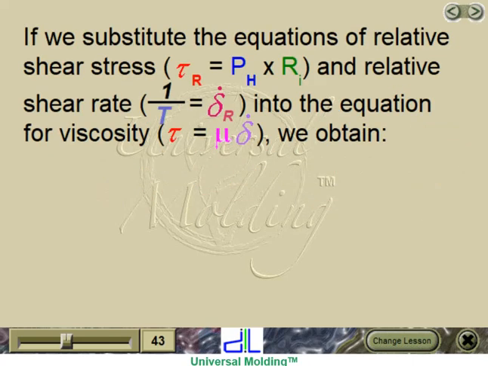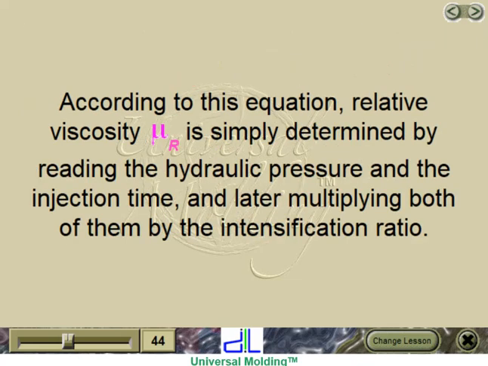If we substitute the equations of relative shear stress and relative shear rate into the equation for viscosity, we obtain relative viscosity is equal to hydraulic pressure multiplied by intensification ratio multiplied by injection time. According to this equation, relative viscosity is simply determined by reading the hydraulic pressure and the injection time and later multiplying both of them by the intensification ratio.